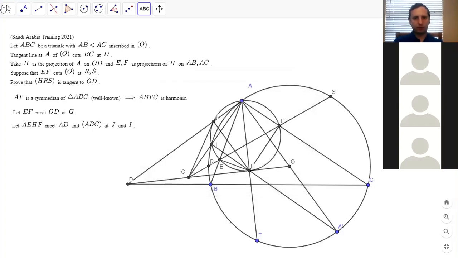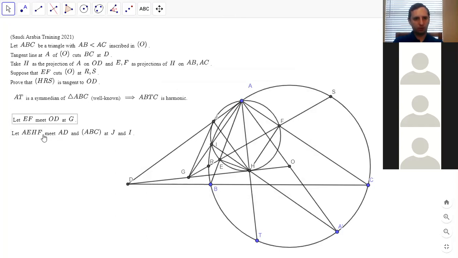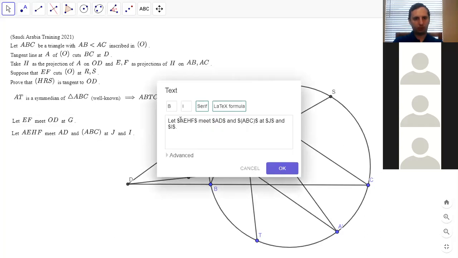Then projecting onto AEHF, let me make this a circle.